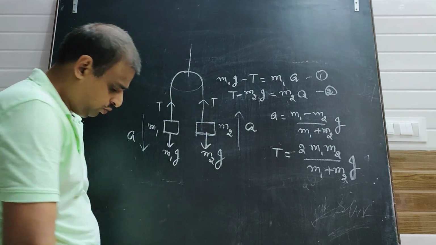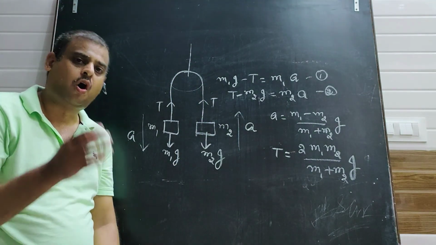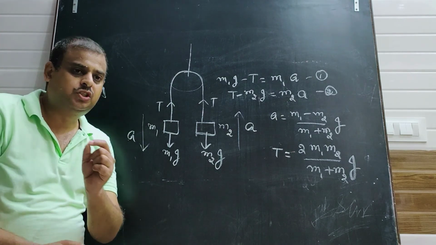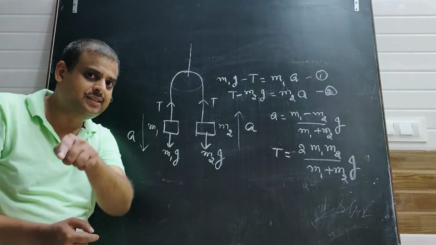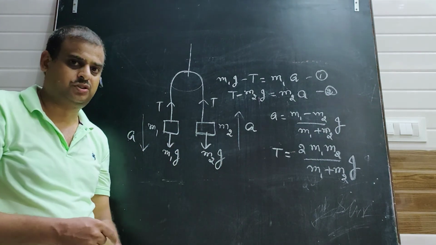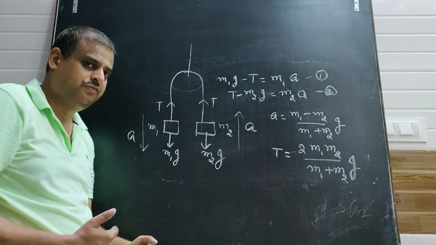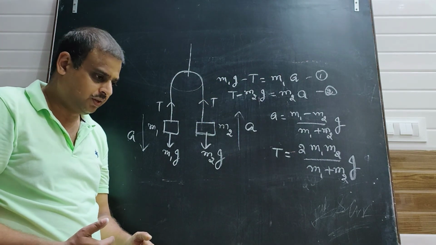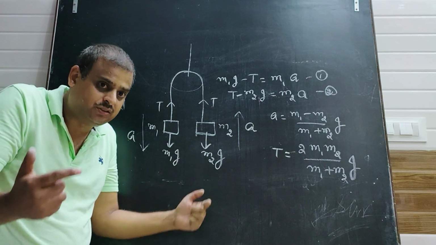So in today's lecture, what we have studied is the horse cart problem, in which we use Newton's third law to find out the acceleration produced by a horse by pushing the earth in backward direction and moving the horse in the forward direction. And after that, we have discussed connected motion.